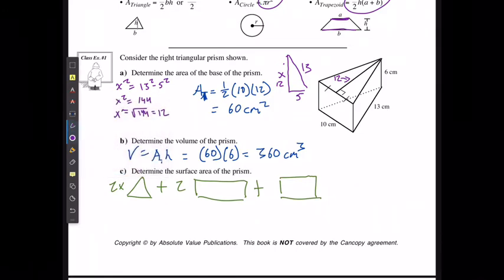I know that this one is going to be 10 with a vertical height of 12. This is 13 by 6. And this is 10 by 6.